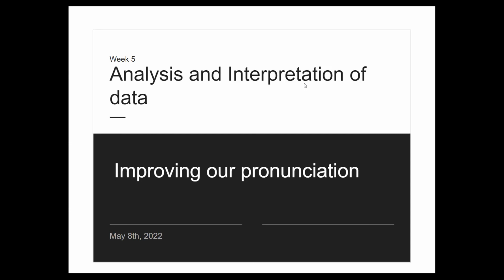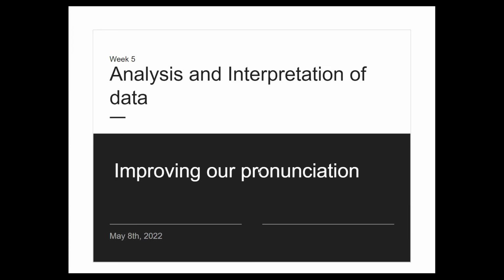So I'm going to talk a little bit about the analysis and interpretation of data. This is the second part. I started with the second part instead of the first one. I'm a genius.